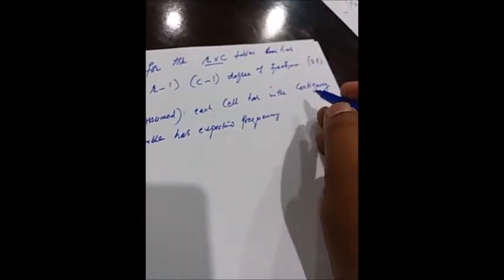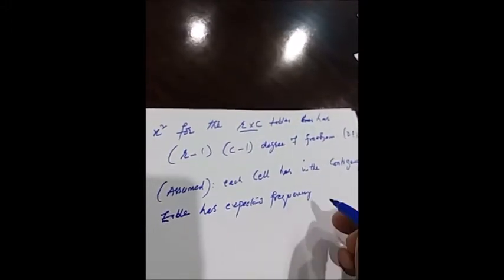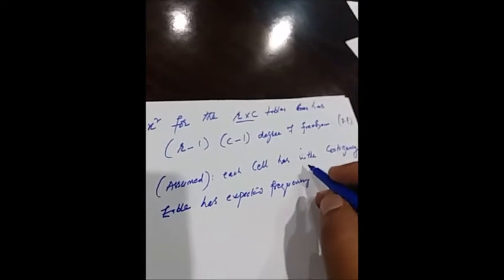So each cell in the contingency table has an expected frequency of at least one.